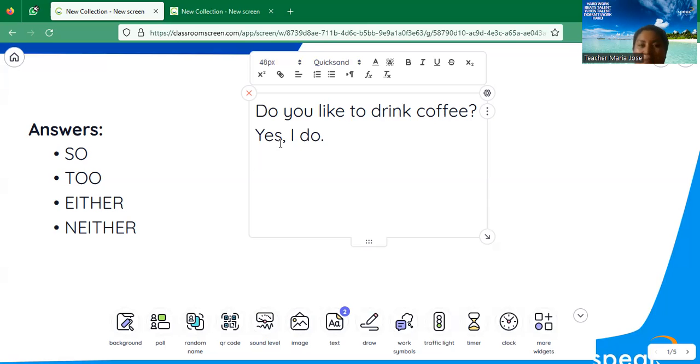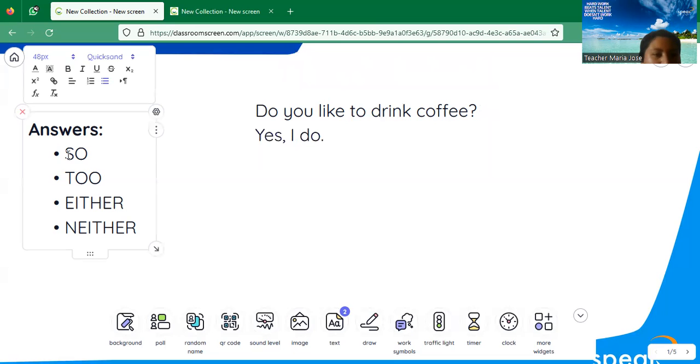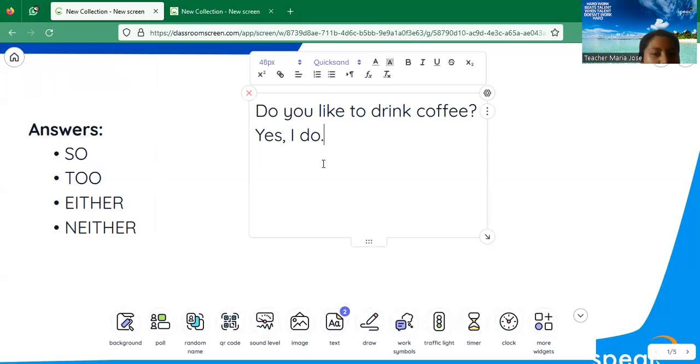Now, in this case, if Alex decided to agree, which of the options can I use to answer this? From the options that we have here, what could be the best option? Let me see.